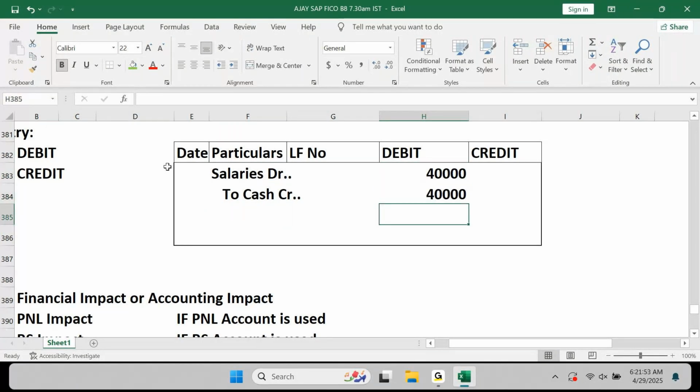Credit we will put on the right side, meaning I should not put credit here, I should put 40,000 here. When you do a total, we used to get 40,000 here and 40,000 here. This is what we were referring to: debit is equal to credit. Because both are two separate lines. Debit line is the same amount, credit line is the same amount. We thought yes, debit is equal to credit.